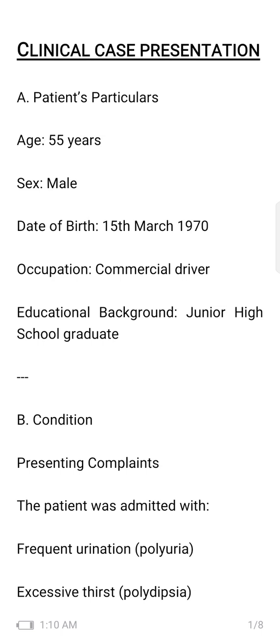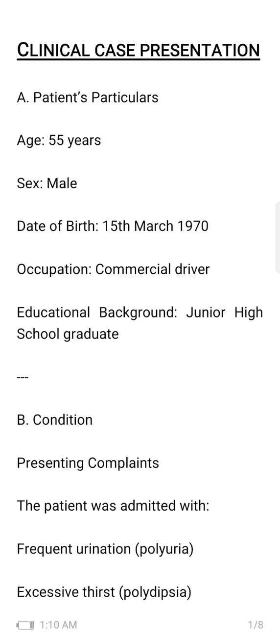The first thing we will talk about is the patient's particulars.